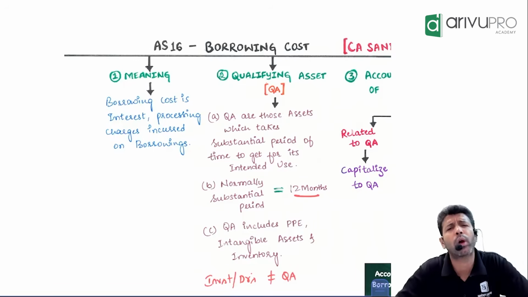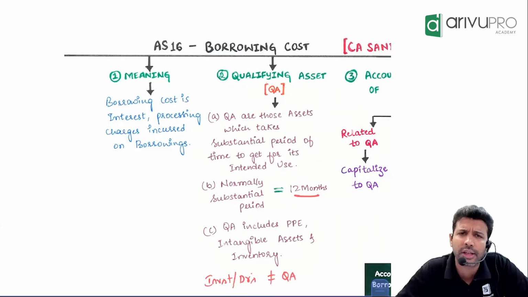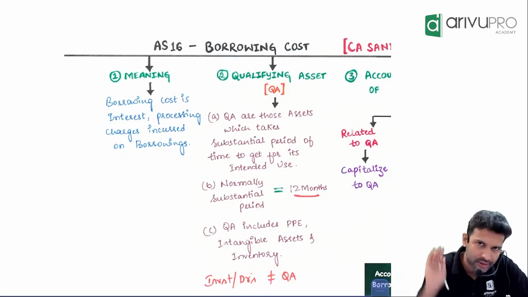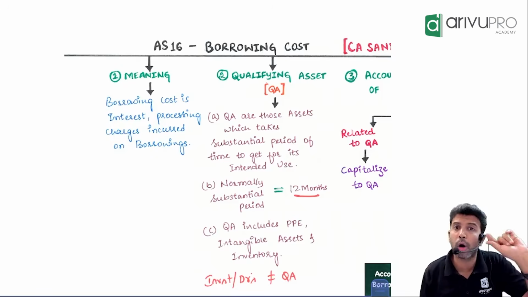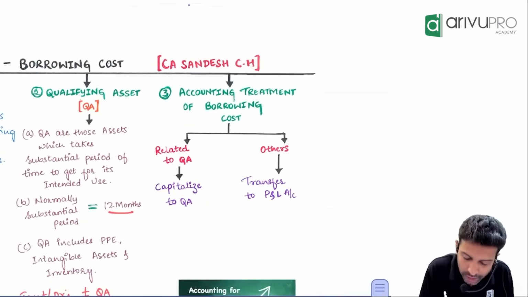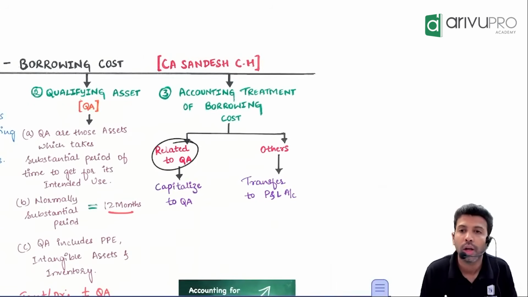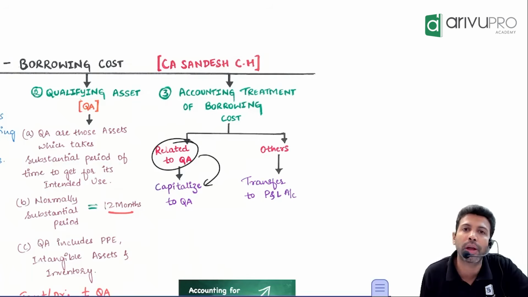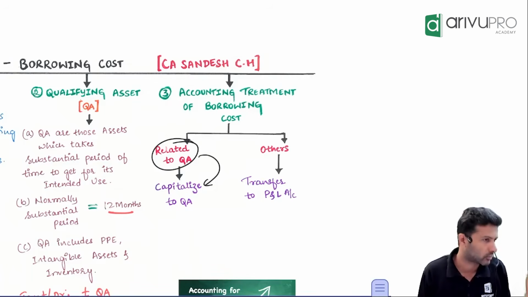Normally what we used to do for interest charges and all is transfer it to P&L. What AS16 says is, if the borrowing cost is related to a qualifying asset, don't transfer it to P&L, but rather add it to the cost of the asset itself. Meaning, capitalize that borrowing cost to the asset cost.